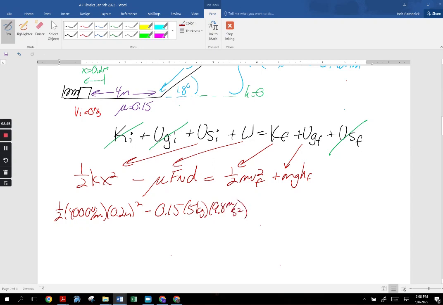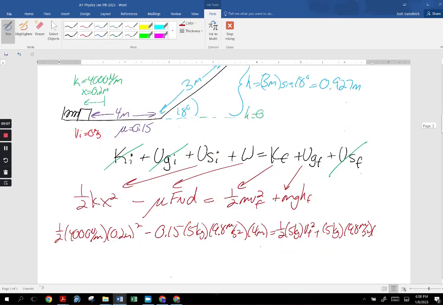This is you watching me do a problem. Times 4 meters. Afterwards, that mass is moving, but we don't know how fast. Vf squared plus mgh, which is 5 kilograms times 9.8 meters per second squared times the height, which we calculated up there to be 0.927.